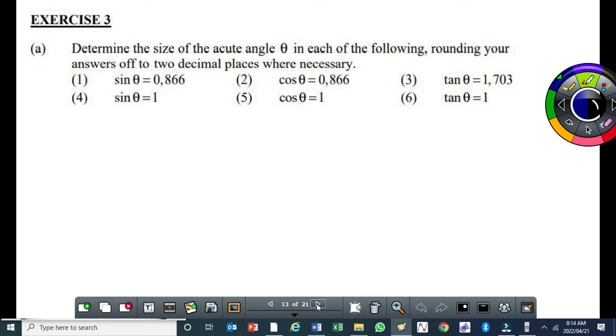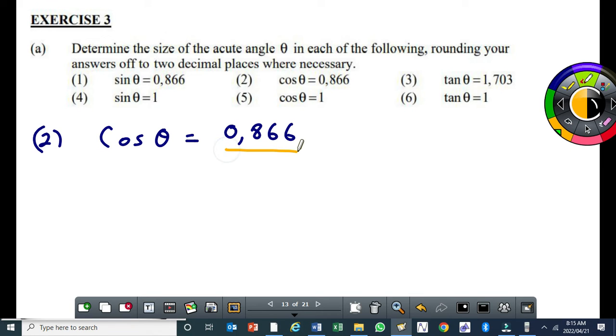So you did some of these examples, isn't it? I'll just talk about maybe one or two. Let me talk about number 2. We go back to the basics. If you have got cosine of theta is equal to 0.866, please be aware that this 0.866 is your ratio.